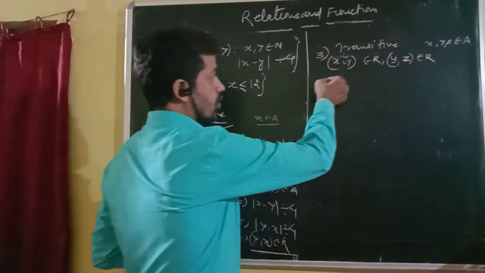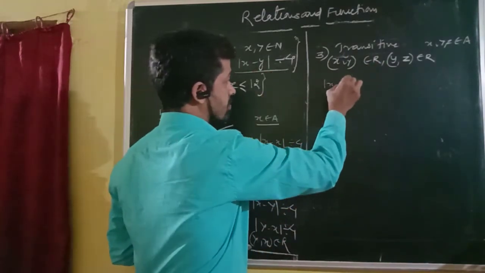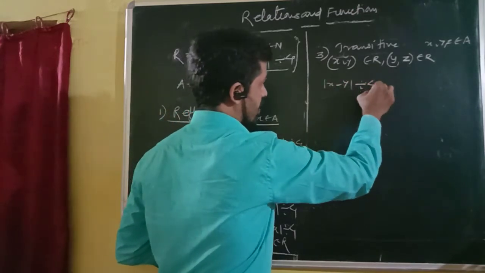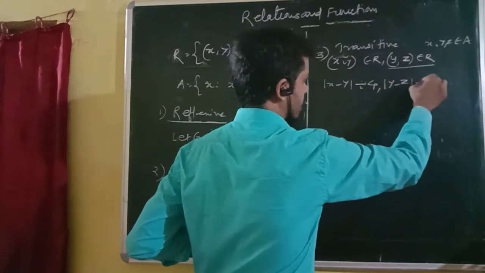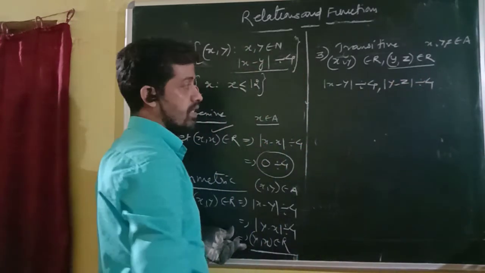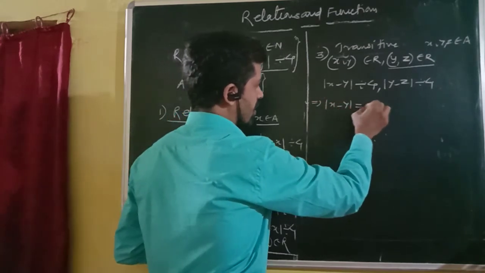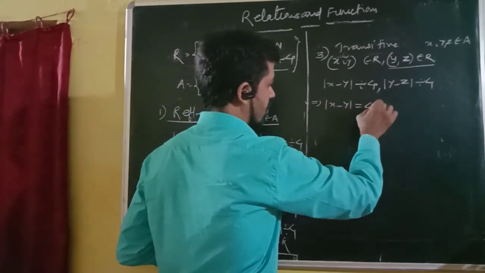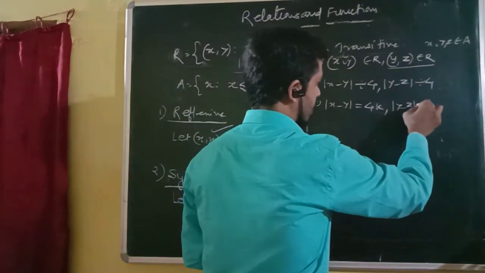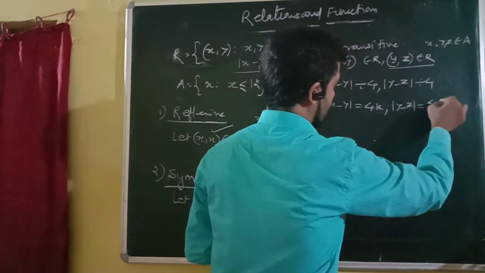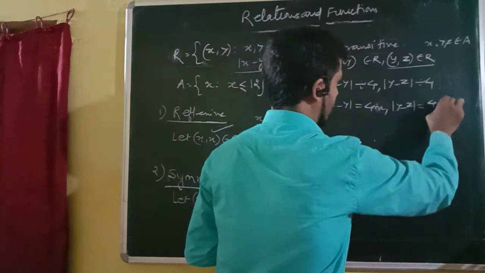Now if x comma y belongs to R, then this condition has to be satisfied. That means modulus of x minus y is divisible by 4. Similarly here, modulus of y minus z is divisible by 4. Further we have modulus of x minus y is a multiple of 4, say 4m, and modulus of y minus z is similarly a multiple of 4, say 4n.